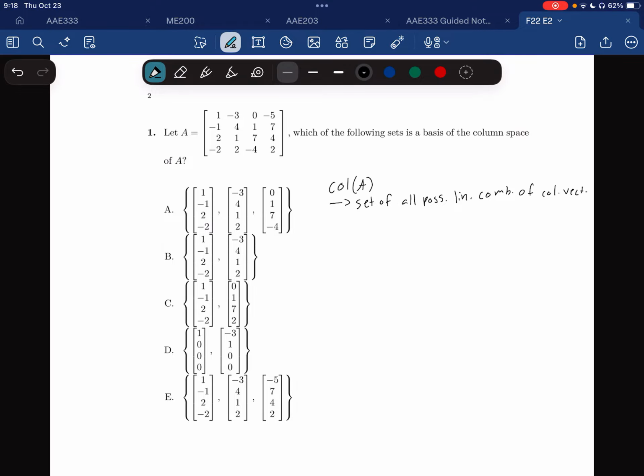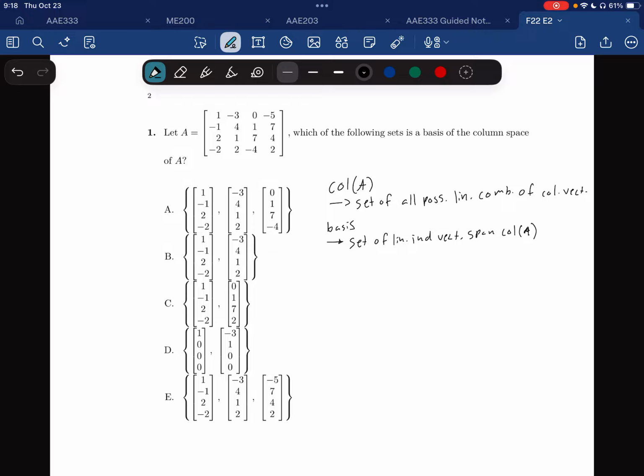And then what is a basis, right? The basis of a column space is going to be a set of linearly independent vectors that span the column space of A. So those are the two biggest concepts you really need to understand here.